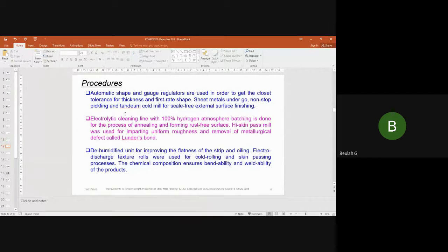So the procedures in which it is formed are highlighted here. Automatic shape and gauge regulations are used in order to get the closest tolerance of the thickness. And here the electronic cleaning line with 100% hydrogen atmosphere batching is done.